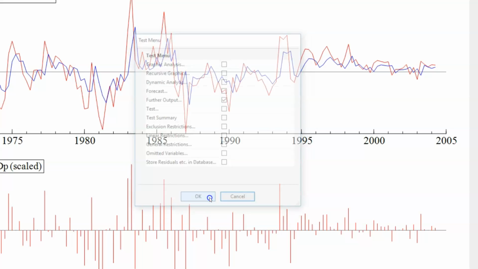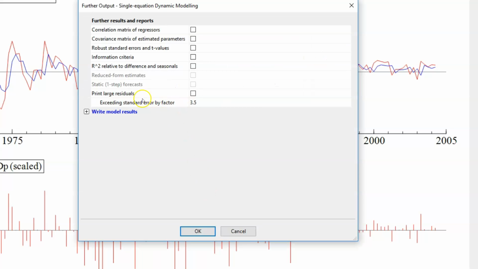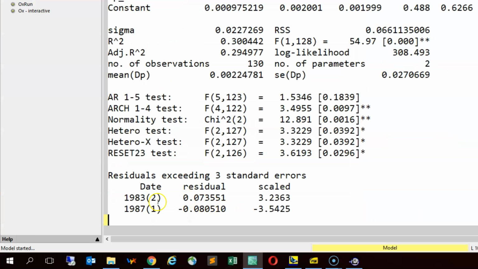Consider the most extreme residuals, so we can simply print the residuals that exceed, say, 3 standard errors. And these are exactly the 2 quarters that I mentioned, so the second quarter of 1983 and the first quarter of 1987. We can try to get a better specified model by simply including a time dummy for these 2 dates.